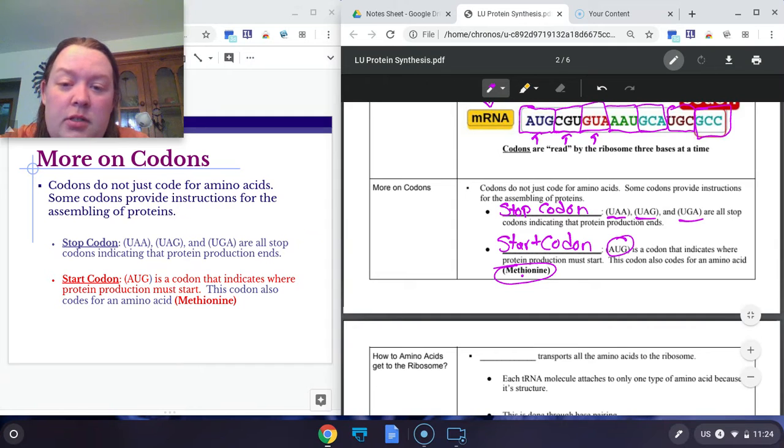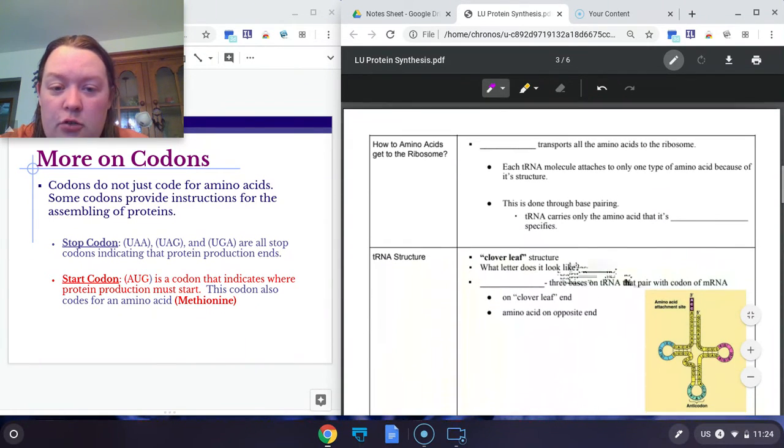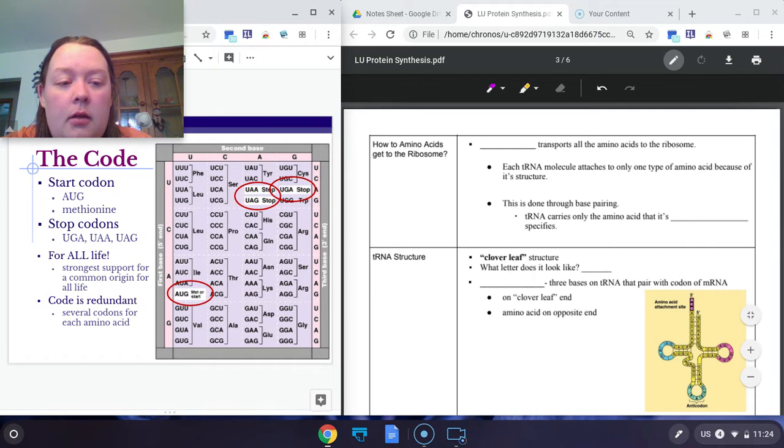So when we have a sequence of DNA, you don't start reading until you get to an AUG, and you don't stop until you get to one of the stop codons. And it tells you where a protein is going to start and where it's going to end to make it nice and easy. So again, you'll have a chart and it'll tell you start, it'll tell you stop. So you'll be able to recognize it when you read the chart.